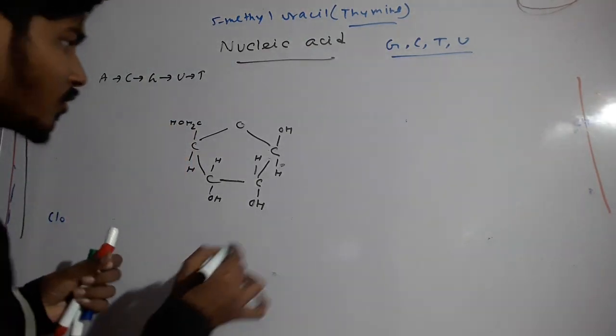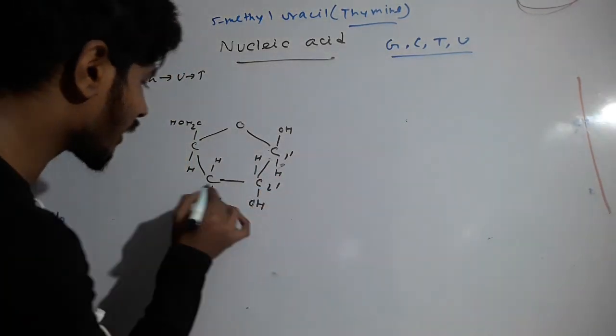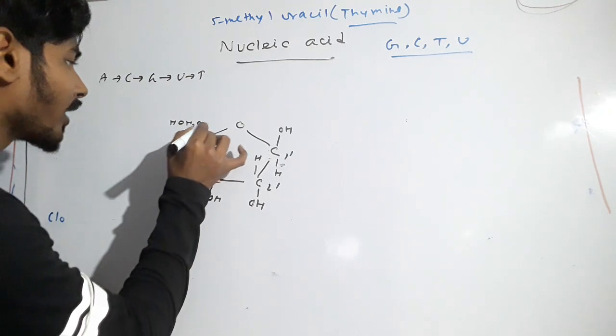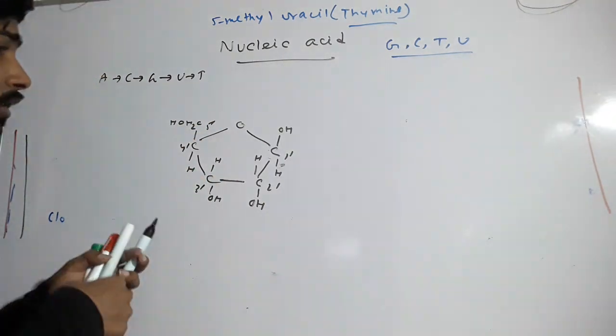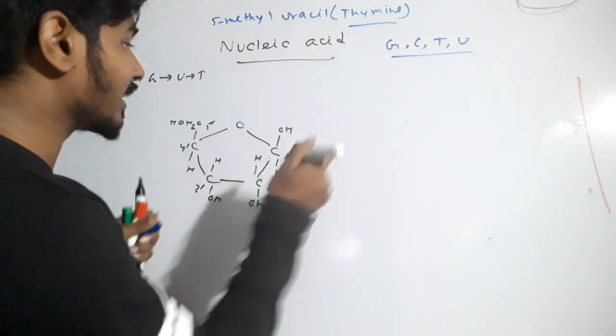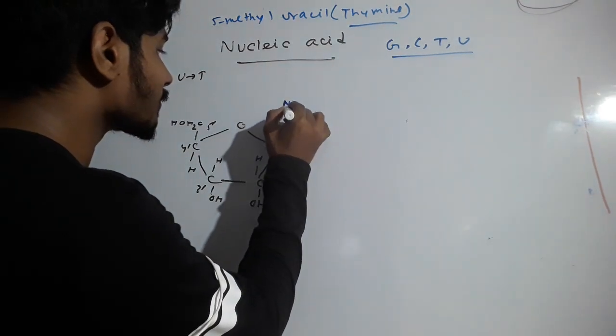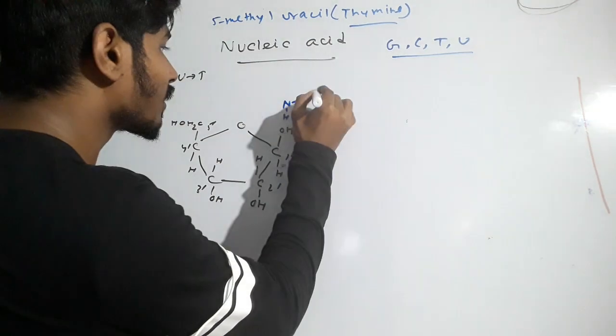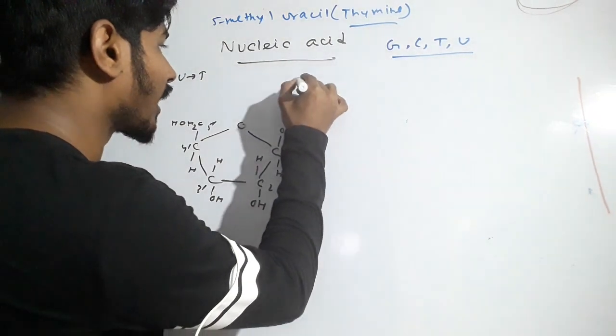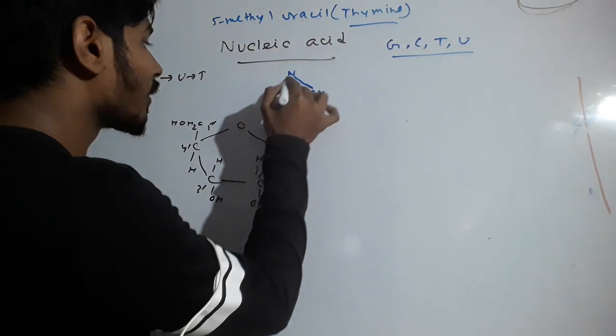Okay, so you see this is the 1 prime, 2 prime, 3 prime, 4 prime and 5 prime position, and with it the nitrogenous base is linked by the 9th nitrogen.